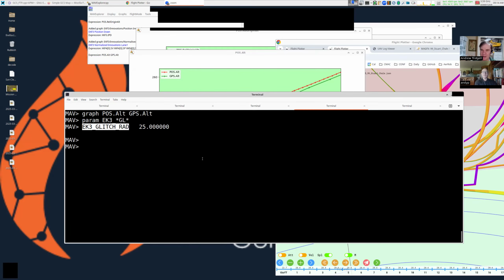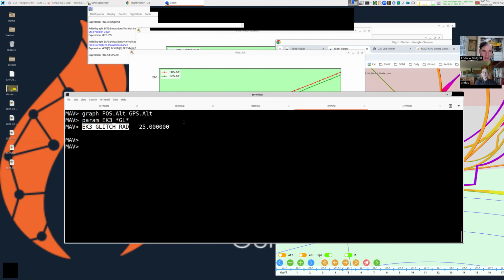That is the radius around the aircraft's position that the EKF is willing to accept diversion from the GPS. So it's willing to accept up to 25 meters of error, and it will cruise on with its own estimate and basically say, okay, the GPS could be off by up to 25 meters.